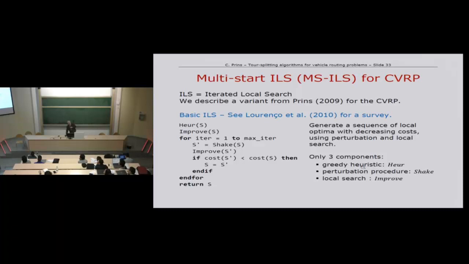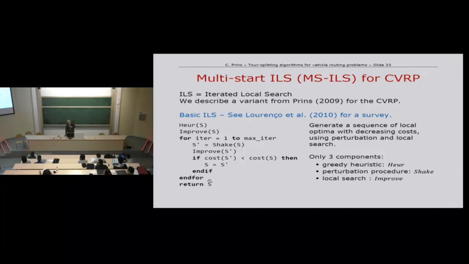You have only 3 components: one constructive greedy heuristic to build a first solution S. Immediately you apply local search, and then you do a certain number of iterations. At each iteration you take a copy of the current solution S prime, you perturb it and run your local search, and if the cost of S prime improves S, you move to the new solution.